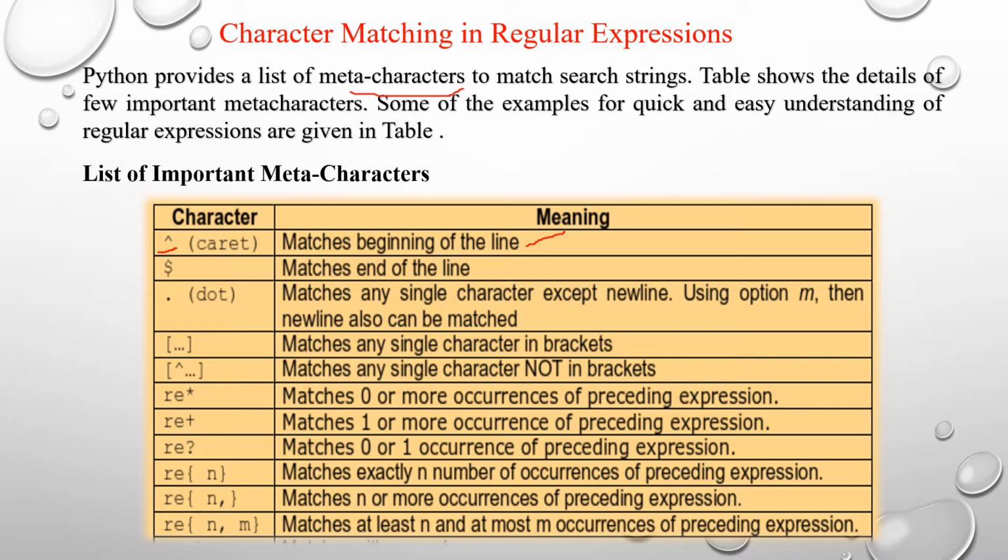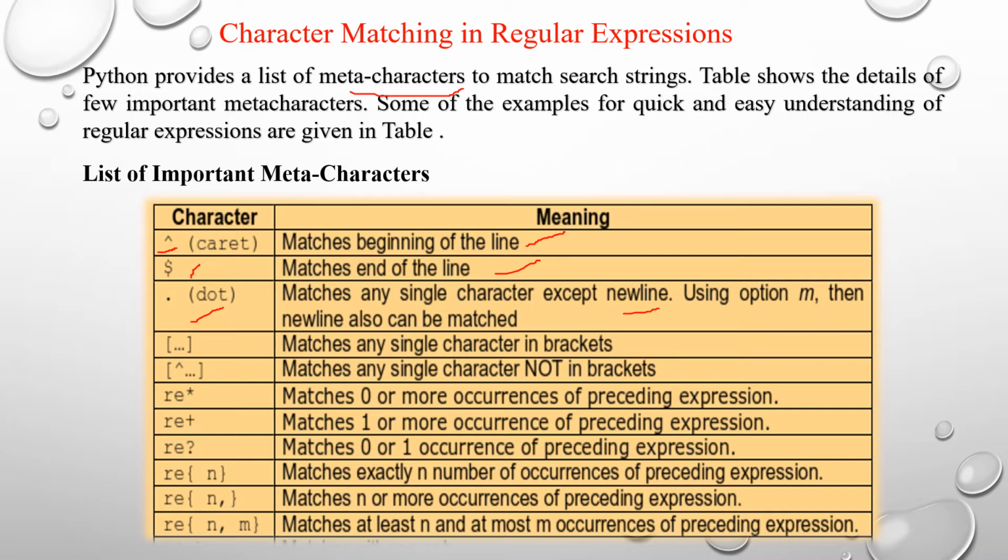The next character is dollar, and this is a symbol. The meaning of the dollar is matches end of the line. Dot character: the meaning of this dot character is matches any single character except newline. Using option M, newline also can be matched.